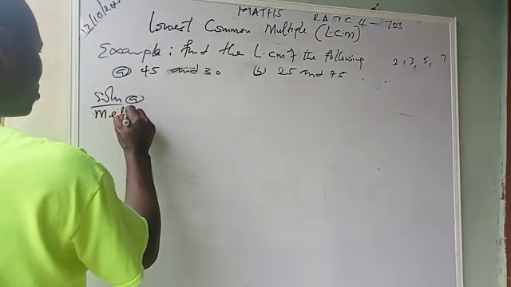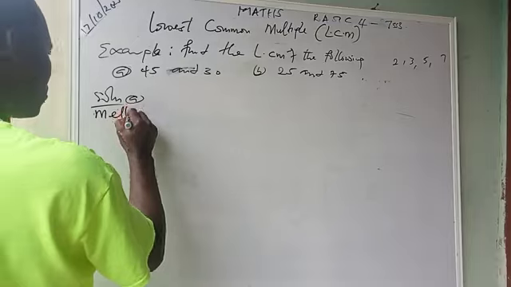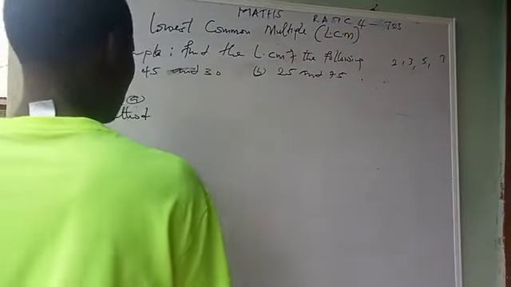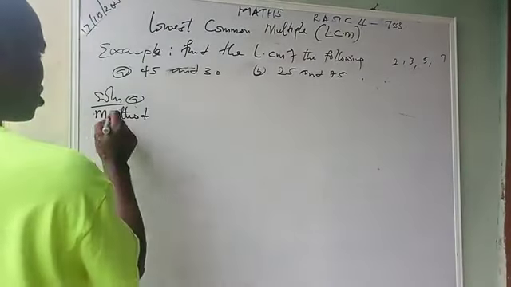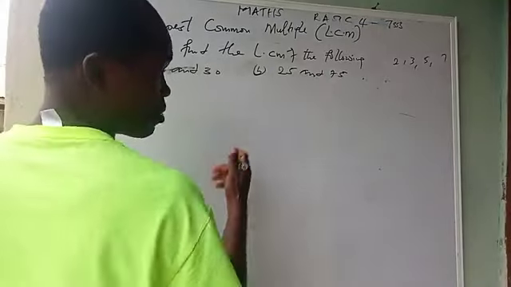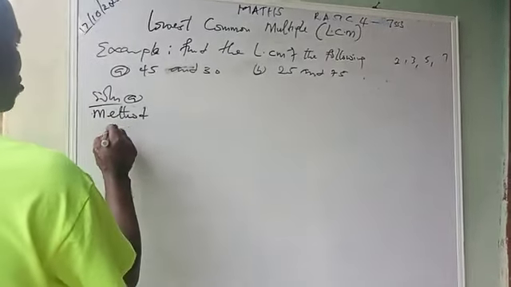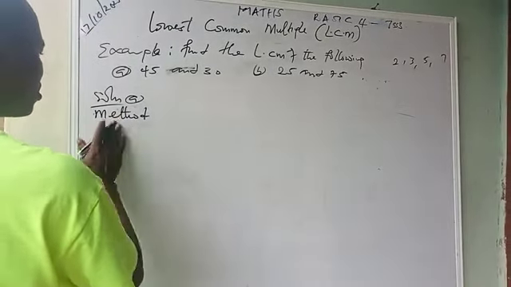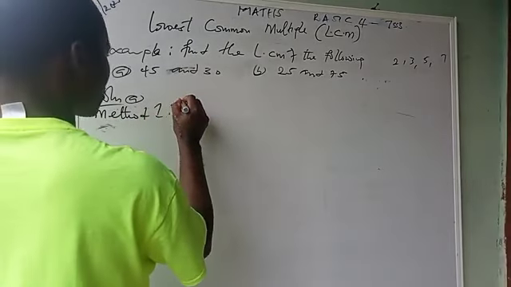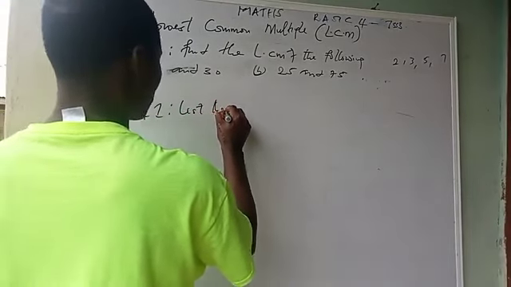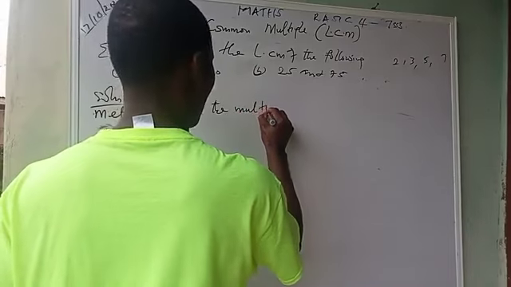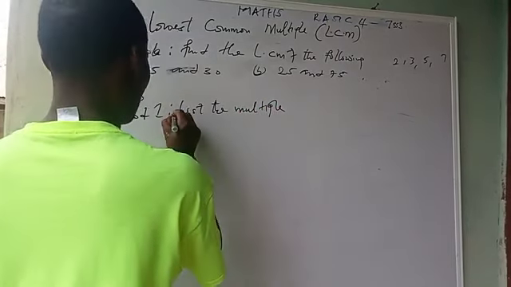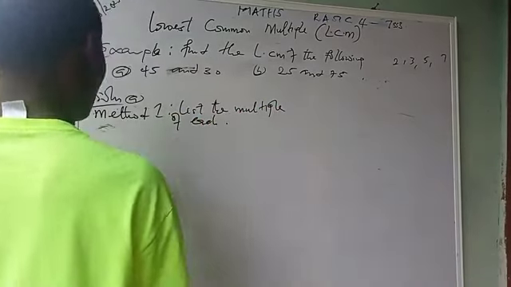Method 1. For your own, I prefer you use the table method, because the figures are big. You're getting that? Method 1: list the multiples of each.